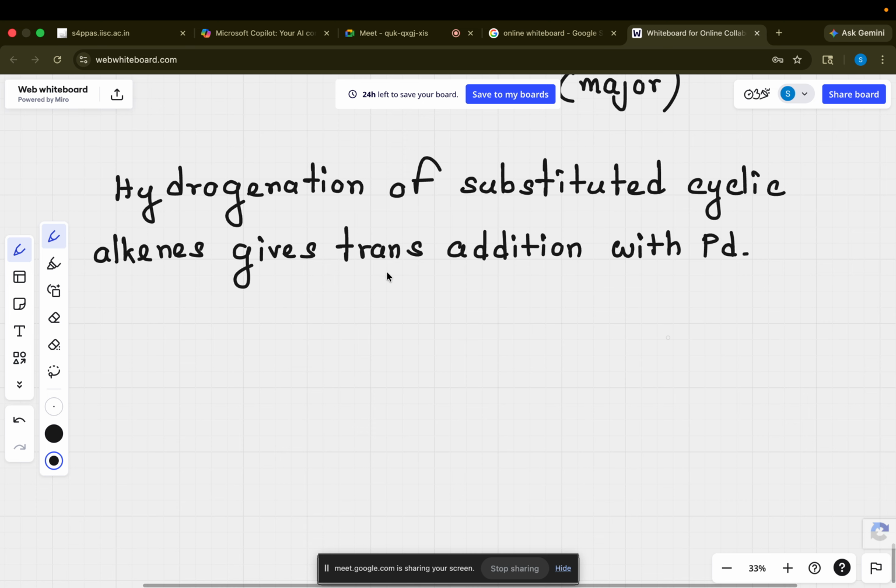Okay, hydrogenation of substituted cyclic alkenes gives trans addition with palladium.